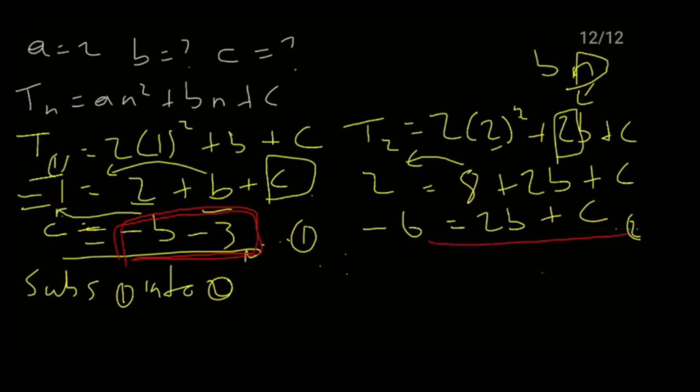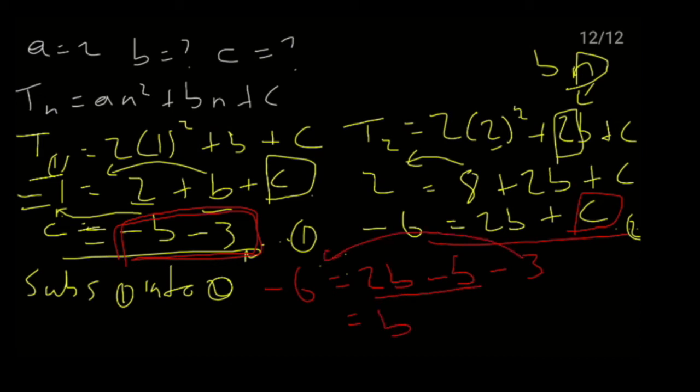This is our equation 2, which is -6 equals 2b minus, remember the c, minus b minus 3, right? So from now on we can say 2b minus b is b. We take the 3 to the other side, which will give me a negative 3. So your b is equal to negative 3. Now you can simply substitute your b into either equation 1 or equation 2.